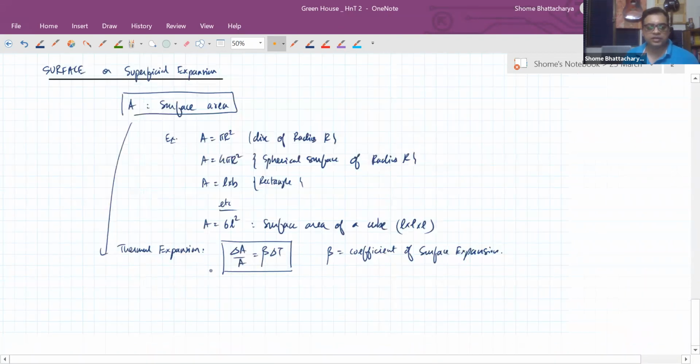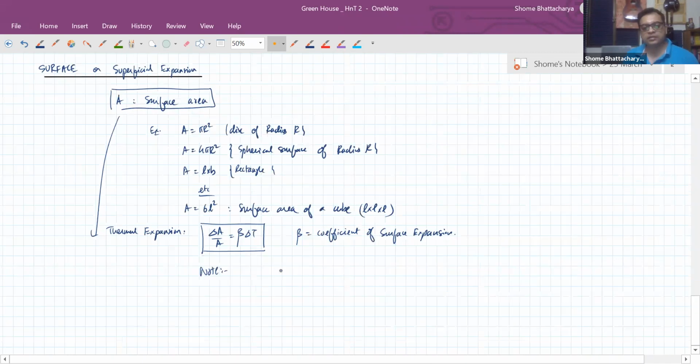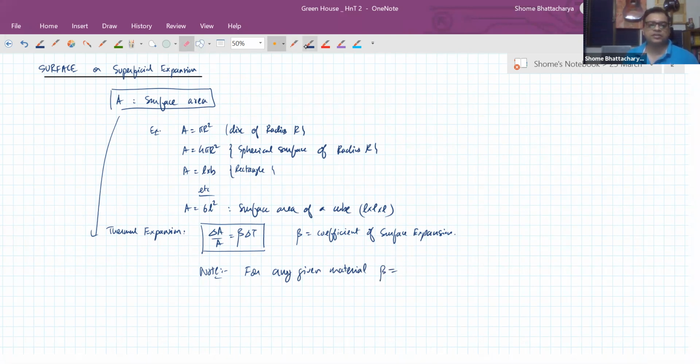So the important thing here is that for any given material, the value of beta is nothing but double the value of alpha. It is 2 times the value of alpha, and this is just a mathematical principle. There is no material property involved here. Whatever will be the coefficient of linear expansion, the surface area will expand according to a coefficient which is double of that. Okay. So we'll just understand the logic behind this statement also in a moment. But first, just note down this part.